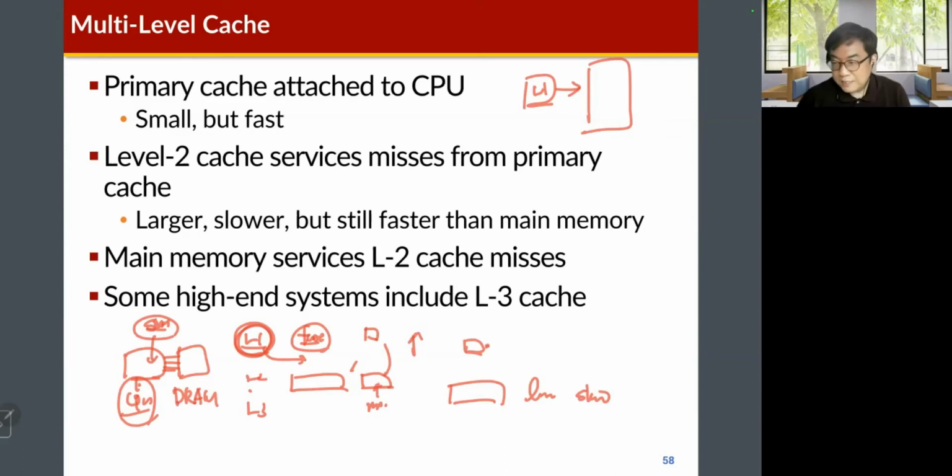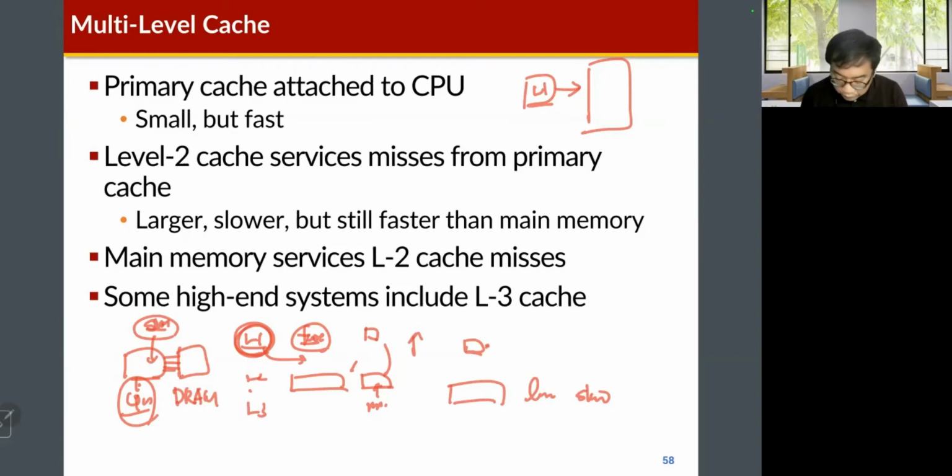I repeatedly said that if the size of memory is increased, then the latency is increased, which means the performance of memory is decreased. It's the same for cache memories.